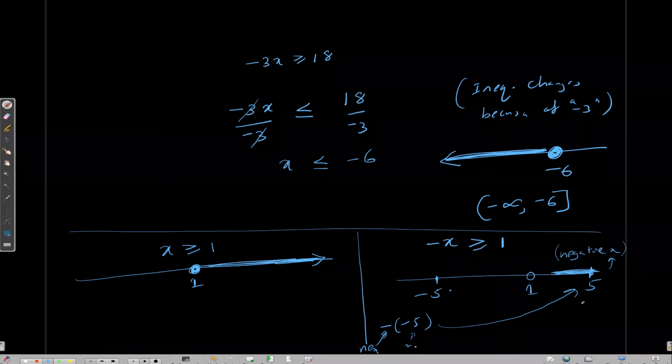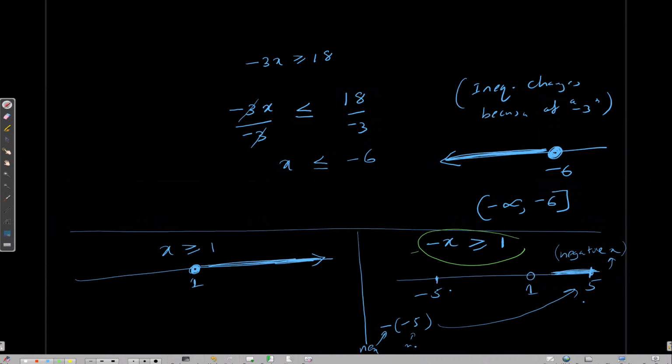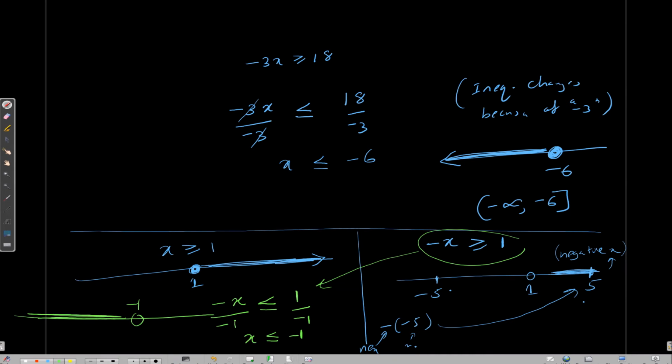And if I use my earlier technique, to solve for x I write down -x and 1. So you divide by -1 on both sides. Since you are dividing by a negative number, the inequality changes. So x is less than or equal to -1. Our solution set in this case, somewhere here -1, x can be anything to the left of -1, which makes sense, right?